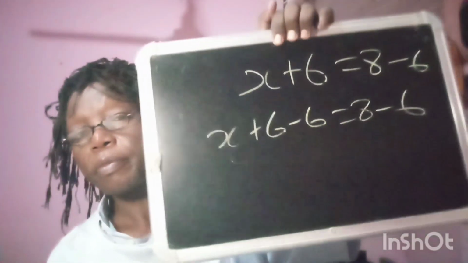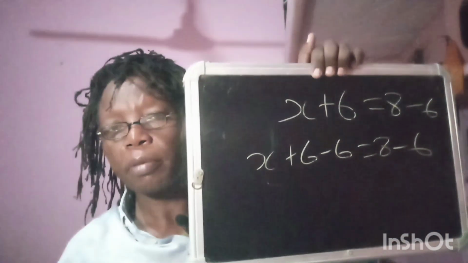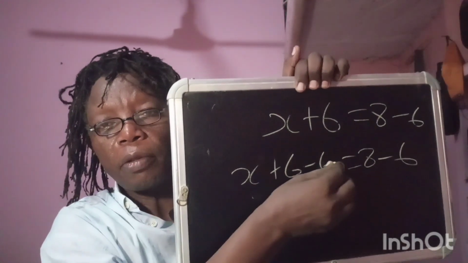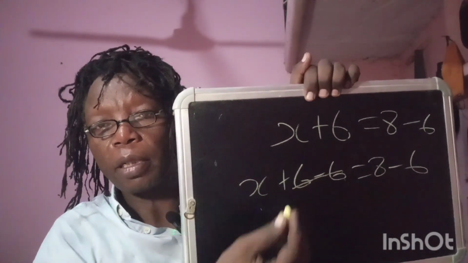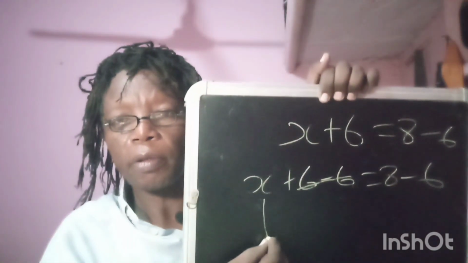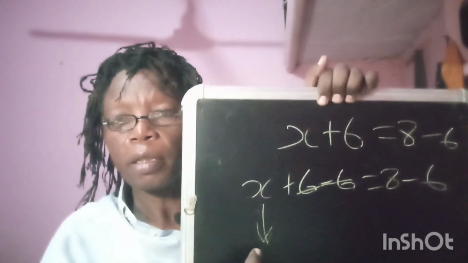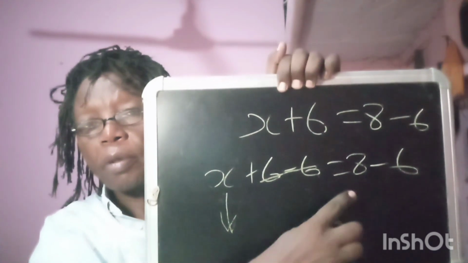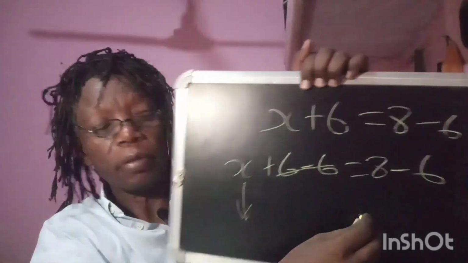You have to subtract 6 from both sides, right? So it would be x plus 6 minus 6 is equal to 8 minus 6. What does that mean? It means that these values are going to cancel, because 6 minus 6 is 0. It's going to leave you with the x. And then 8 minus 6 is going to give you 2.